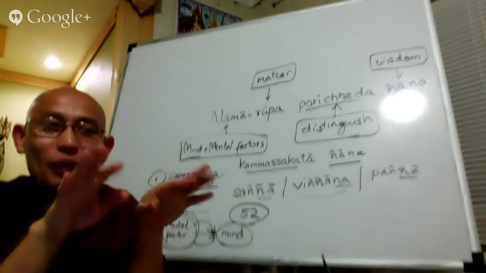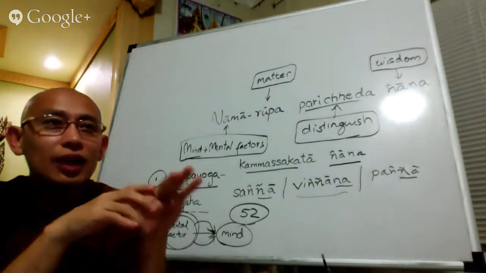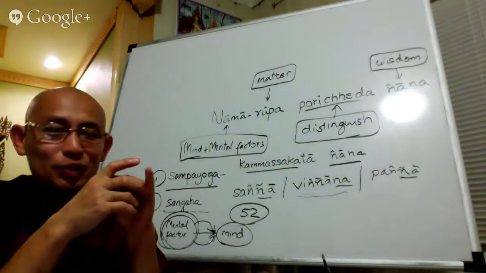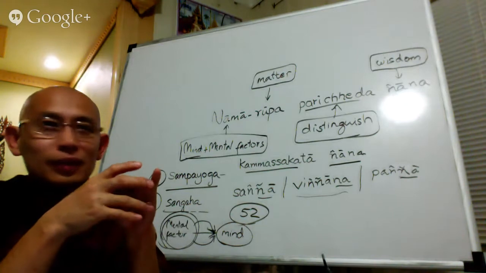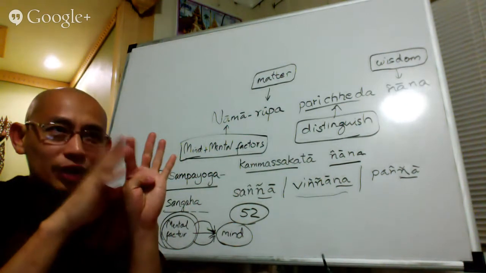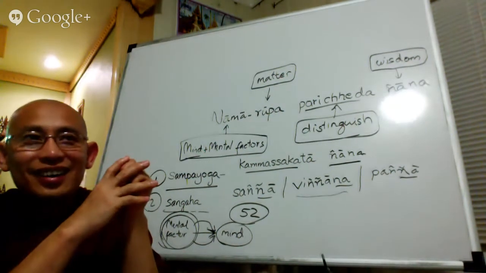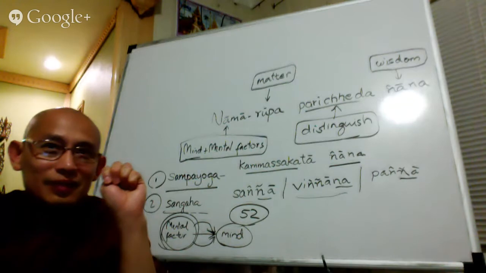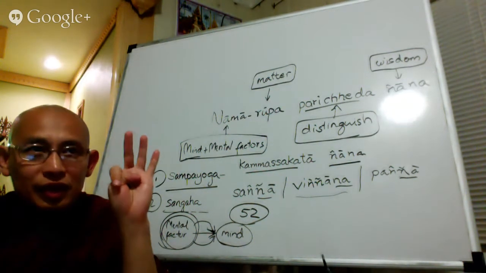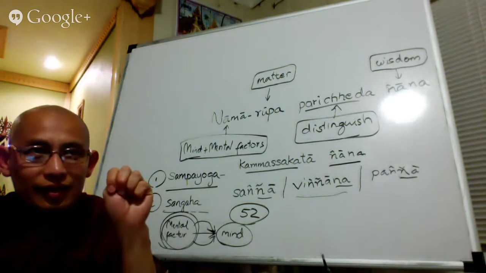They are all mental factors, but different. Vitaka, vichara, piti, sukha, ekaggata. Only 5 jhana factors.